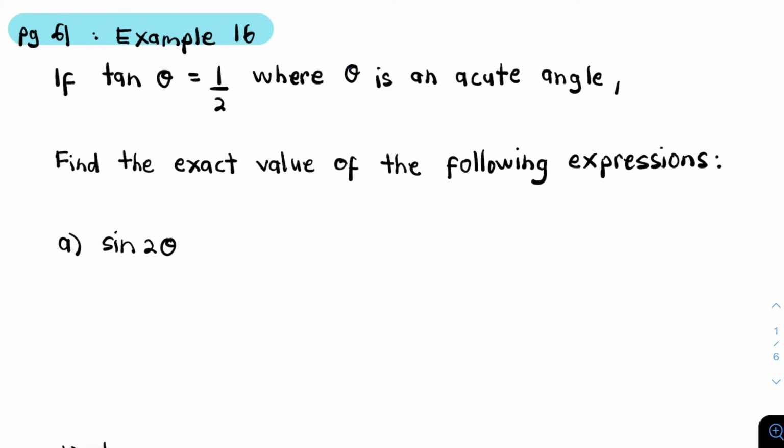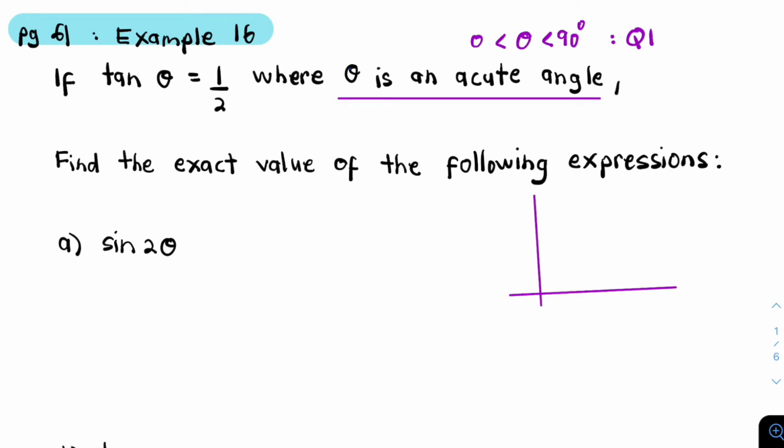Okay, so let's draw our triangle. Since they say theta is an acute angle, it falls between 0 to 90 degrees, which means quadrant 1. So draw your triangle at quadrant 1.